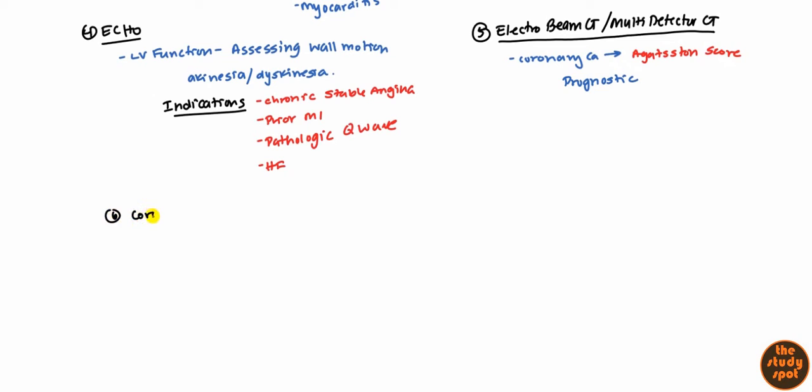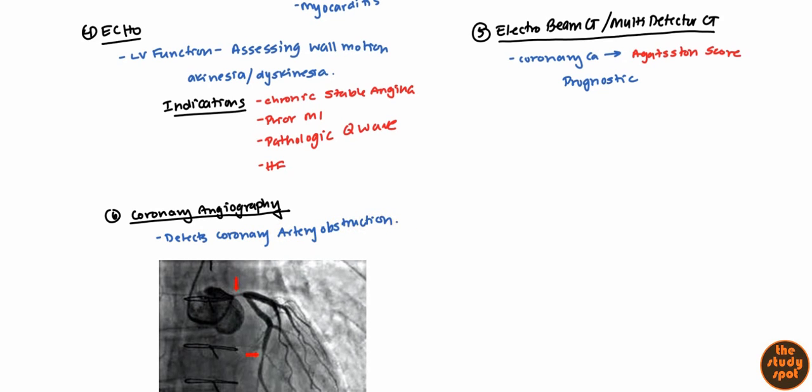And finally, you can do what's called a coronary angiography. In a coronary angiography, you put a dye into the actual blood vessels of the heart, and then you take an X-ray. And this can detect any type of coronary artery obstruction. And so the picture you get is like this. You can see over here, that's the left coronary artery, and you can see that the lumen is constricted here.